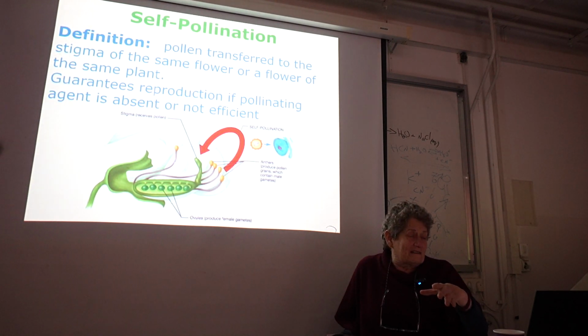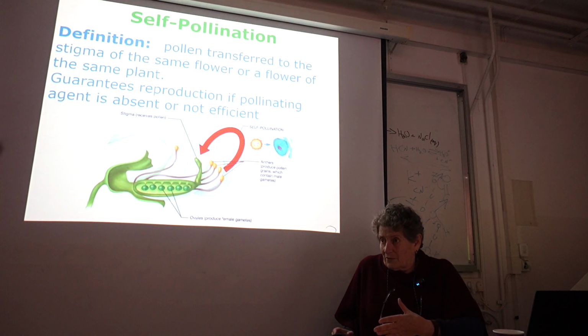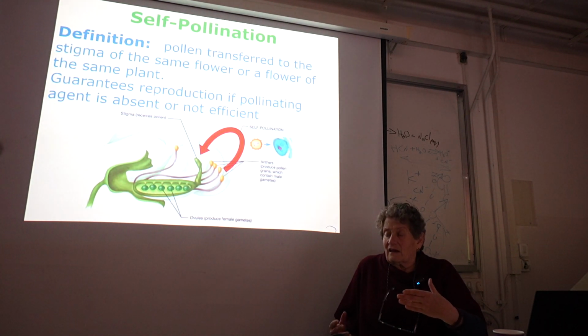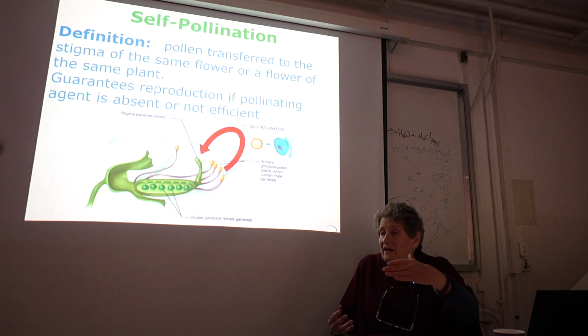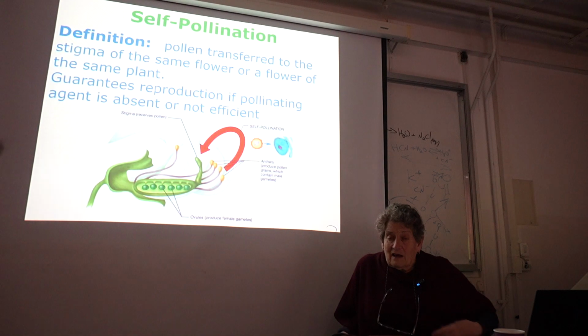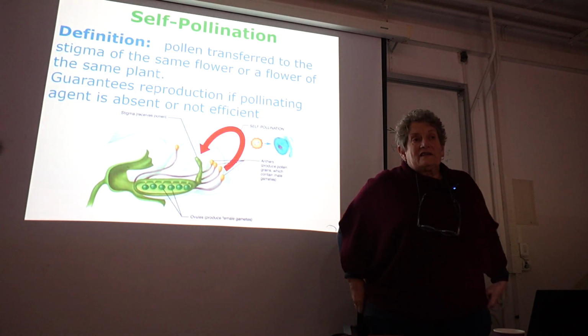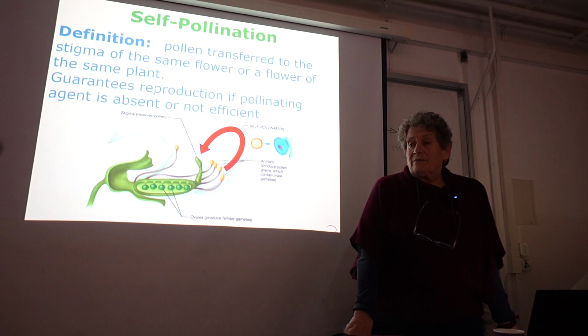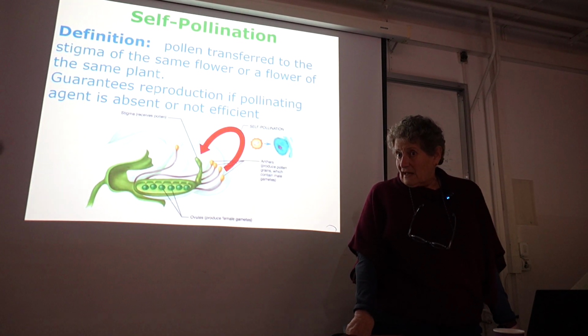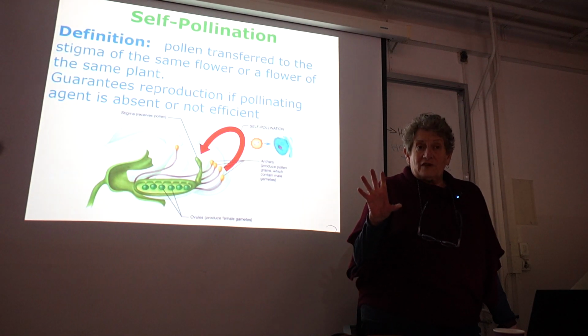The disadvantage is that, genetically speaking, self-pollination is not a positive feature because you don't have any genetic variability. Now, just to give you an example that I imagine most of you know, when we talk about inbreeding, have you heard the term?